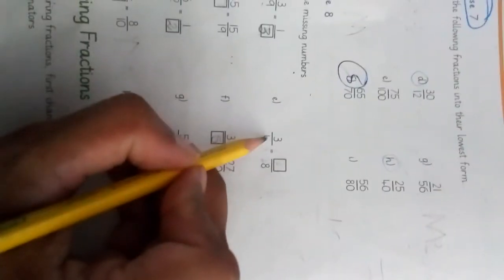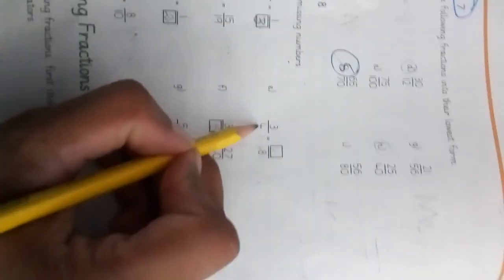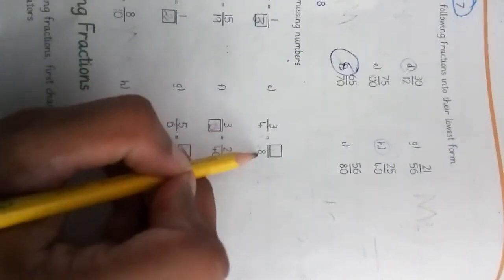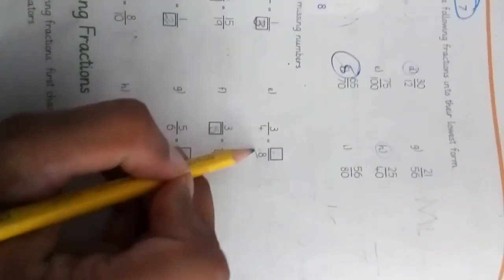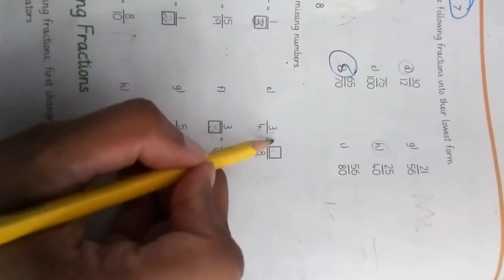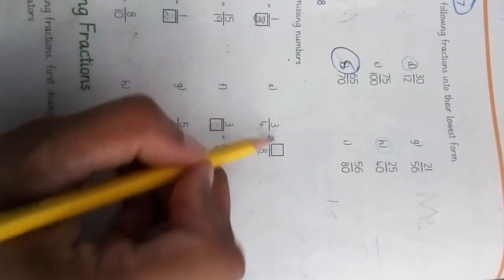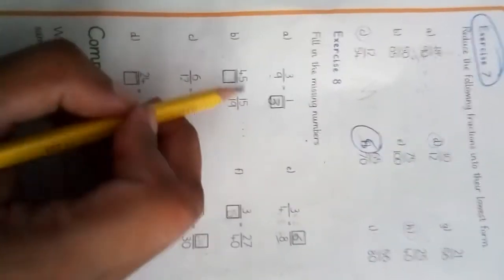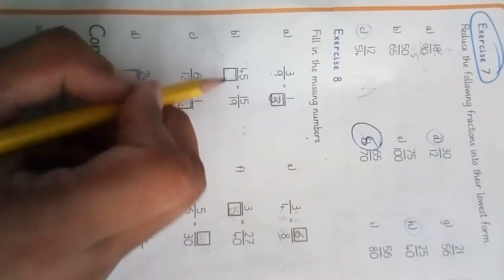As you see in the second question, 3 over 4 equals blank over 8. How do we get 8? By multiplying with 2. So when we also multiply the 3 with 2, the number we get is 6. That is the answer. Okay. And the next is 45 over blank equals 15 over 19.